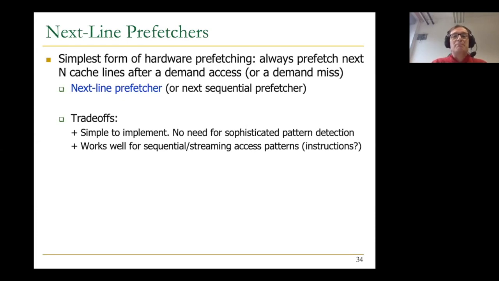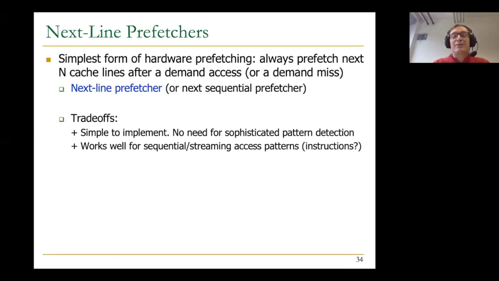Then, assuming that you don't have significant control flow changes at least, you basically keep accessing the next cache block and the cache block after that and the cache block after that, et cetera. And as a result, next line prefetchers work well for instructions. Next line prefetchers work well for array accesses, for example. If you're streaming through an array, this makes sense, clearly.